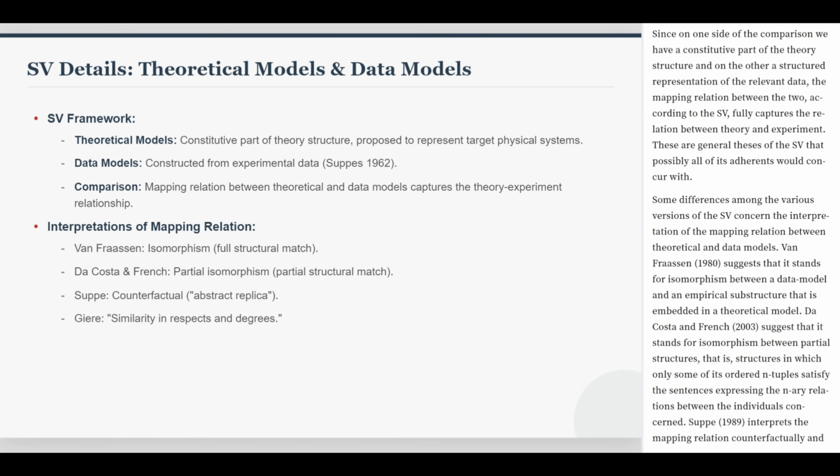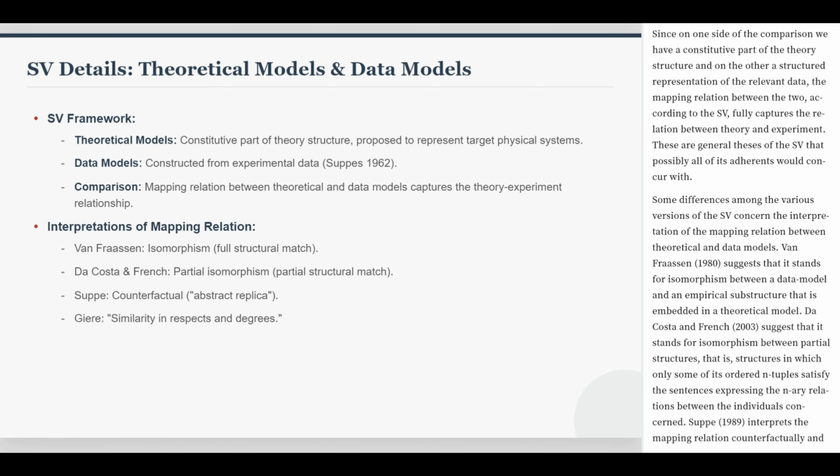So, under the semantic view, how does this play out? We get these theoretical models, which are directly tied to the formal structure of the scientific theory. The idea is that these models are proposed specifically to represent some target physical system out there in the world. Now, remember those experimental data we talked about earlier? Philosophers like Suppes suggested building data models directly from that raw measurement data.